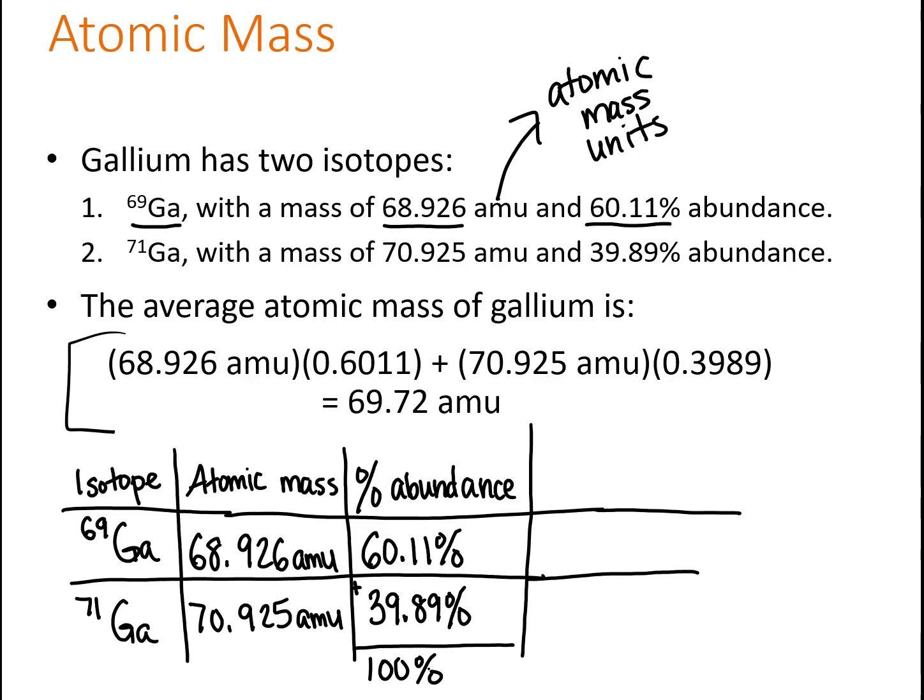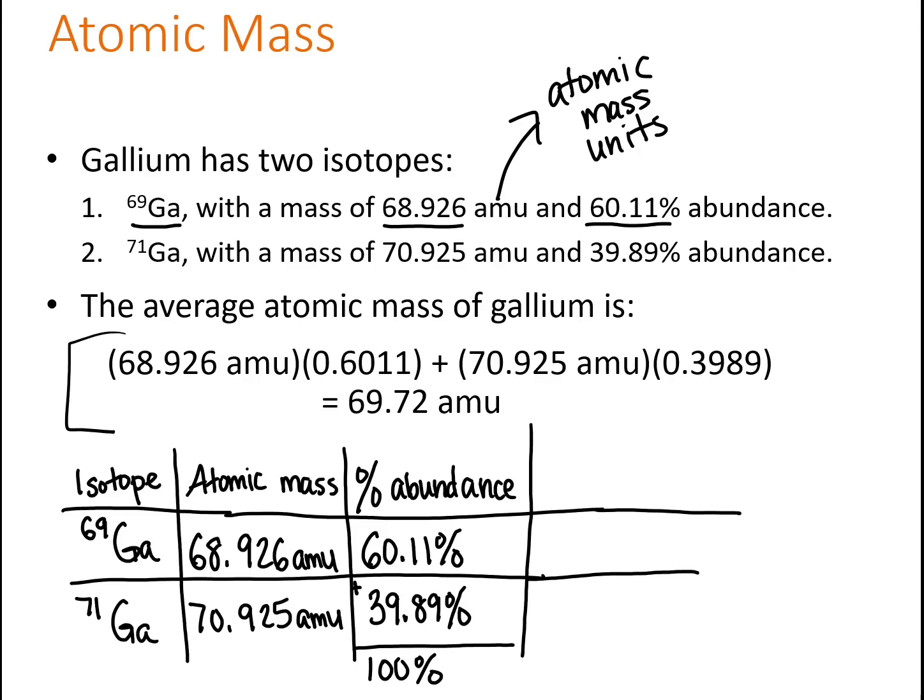That's going to be important if you get a problem where you only get the percent abundance for all but one isotope. Then you'll have to figure out the percent abundance for that isotope and then continue on to do the math to figure out the weighted average for the atomic mass, okay?